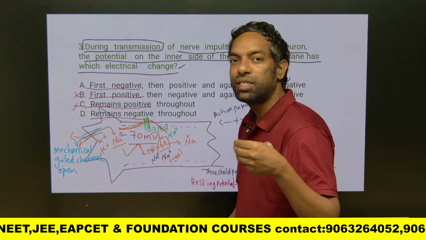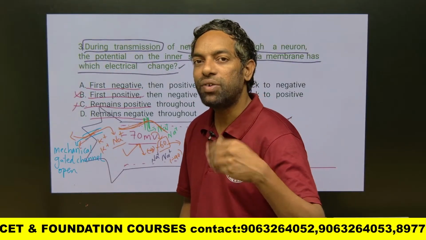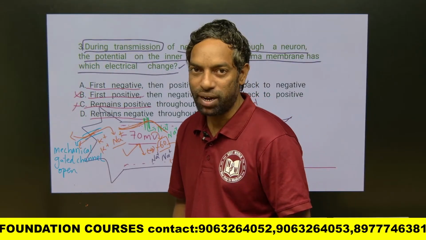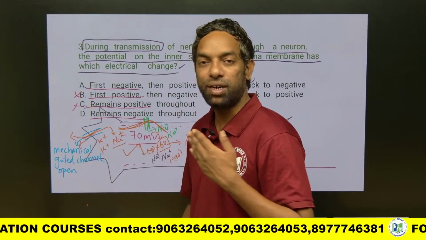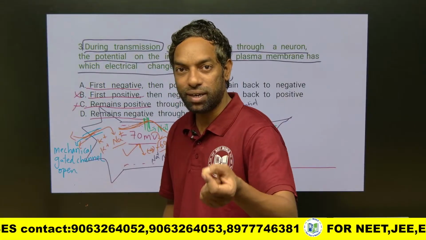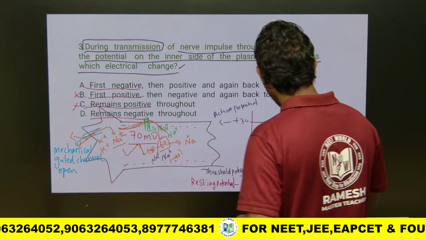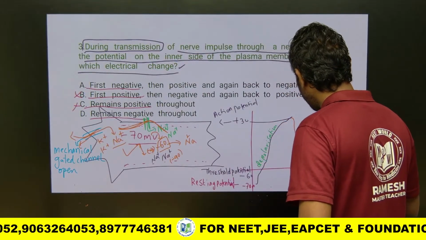Potassium channels slowly open. Potassium is always trying to exit the membrane. So sodium moves front side and potassium exits out, and there is a huge negativity up to minus 90.